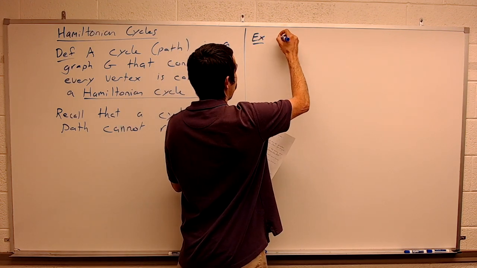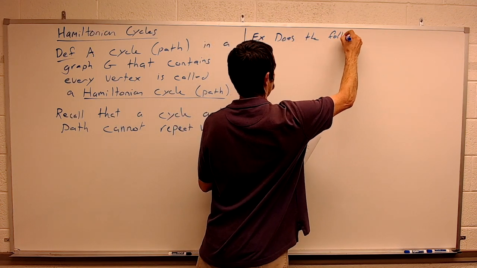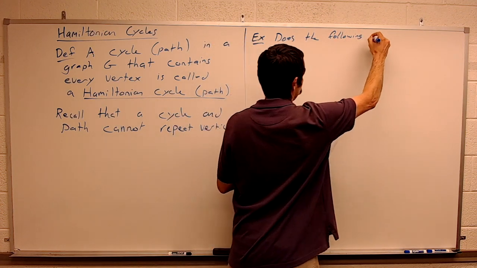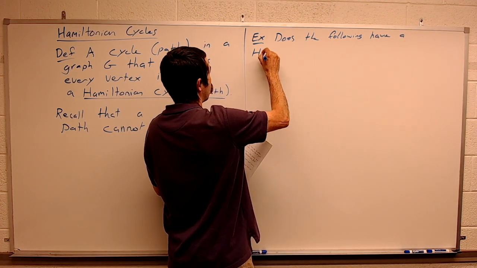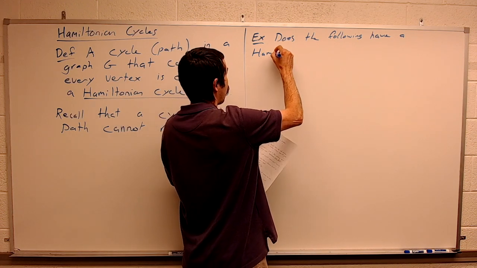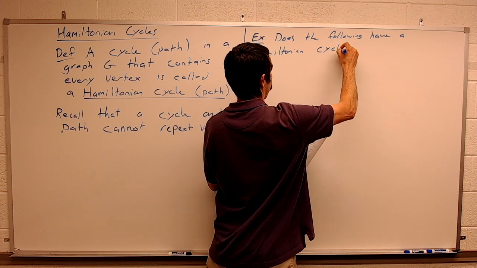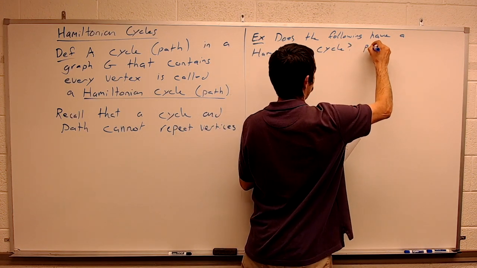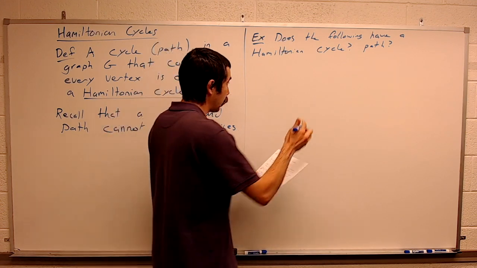Does the following graph have a Hamiltonian cycle? What about path? Or maybe it's neither. All right, and so here's the graph.